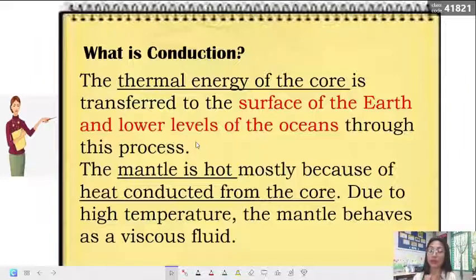So if the core is very hot, then the mantle will become hot also because of the conduction process. So due to the high temperature, the mantle behaves as a viscous fluid. What is viscous fluid, my dear students? It is a thick fluid.